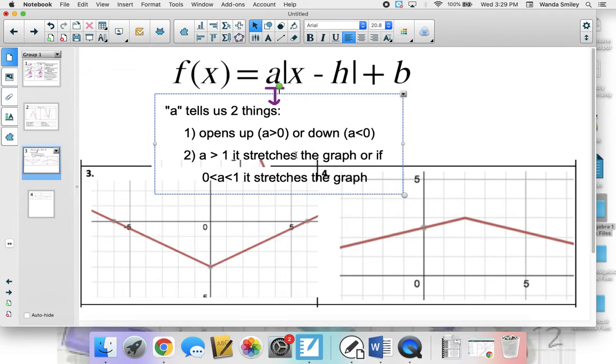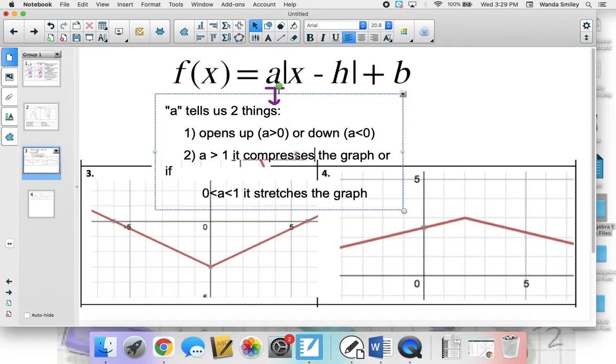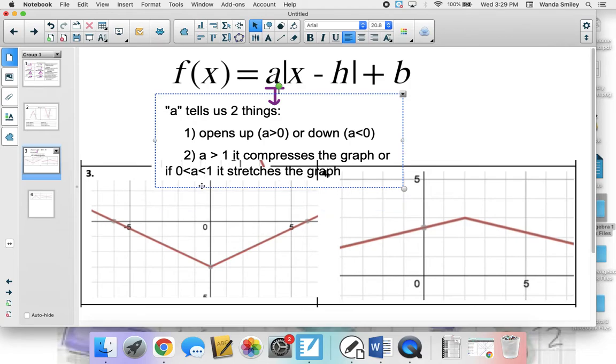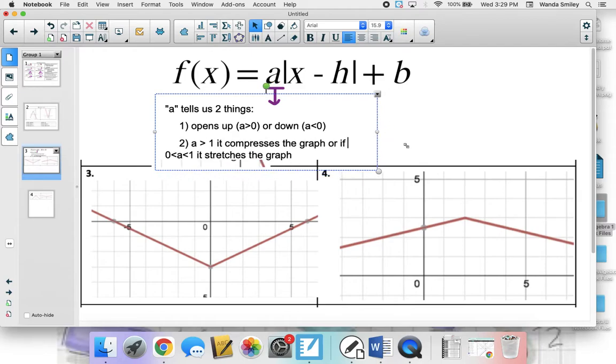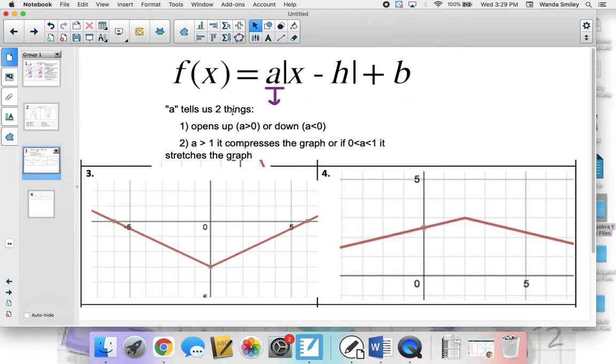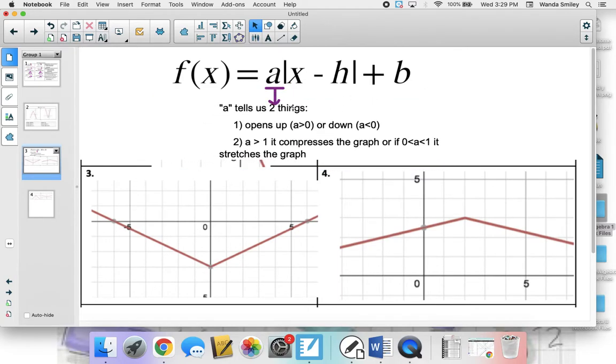The other one compresses the graph. Okay? Kind of putting it back into terms that we've already seen. Okay, so that's what A tells us right there, okay?